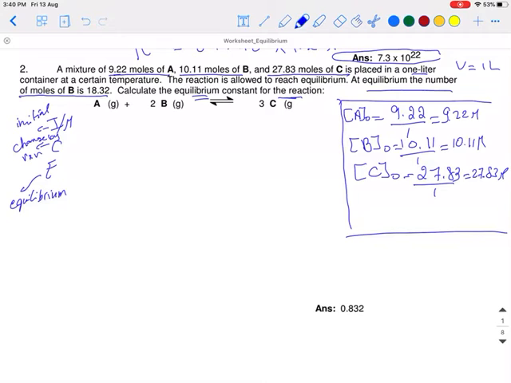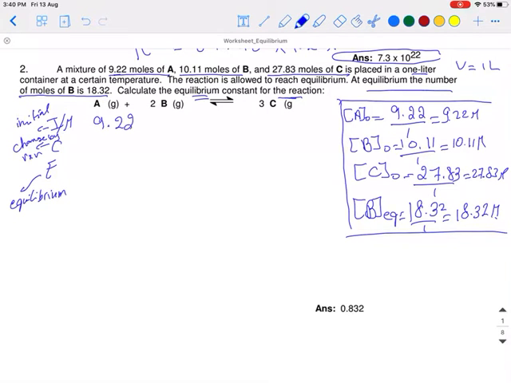Also given to me is the equilibrium moles of B, I will change it to equilibrium concentration, which is number of moles over volume, which is 18.32 over 1, which is 18.32 molar. Let me construct now the table and substitute with the numbers.